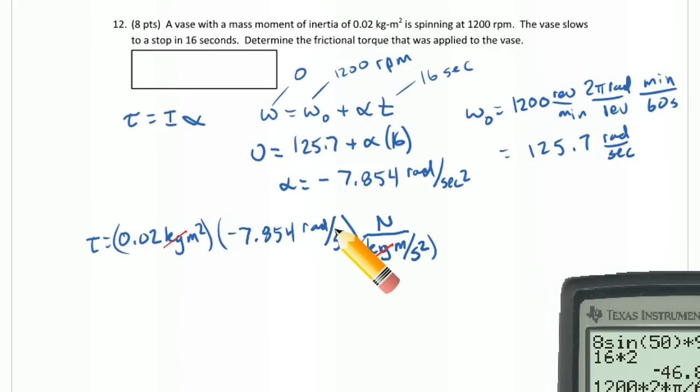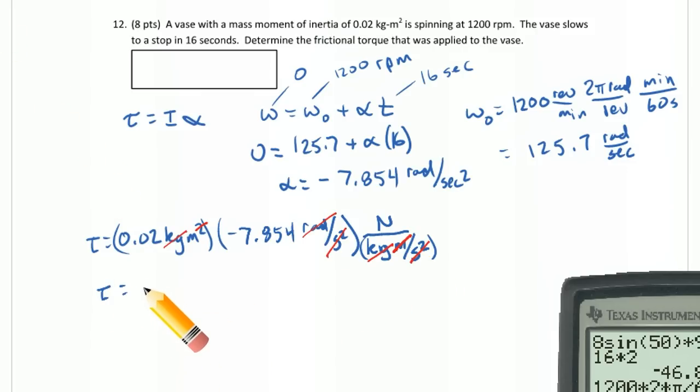Second squared on the top is in the denominator, second squared on the bottom is in the denominator, so those second squareds will cancel out. Radians are unitless. When we start combining things, we're left with meters squared over meters, so one of those meters will cancel out. So we're left with units of Newton meters, which is indeed torque.